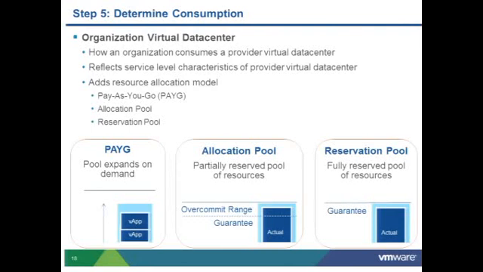So you get a minimum guarantee, but you also have the ability to increase or burst your capacity as necessary. You can generally convince consumers to go with this compromise model if you charge them fairly. If you give them a break compared to the reservation pool pricing, they'll go for that, but it's nice to know they can exceed their guarantees as needed.